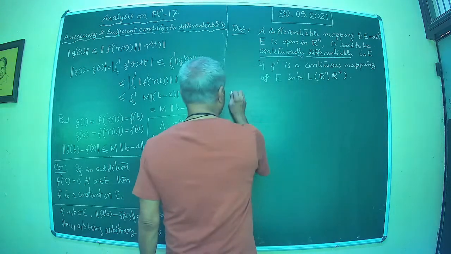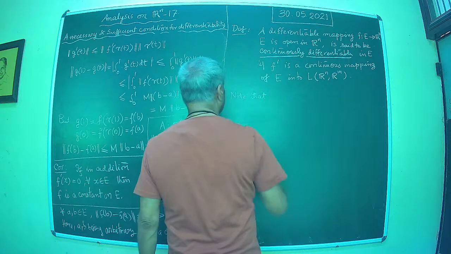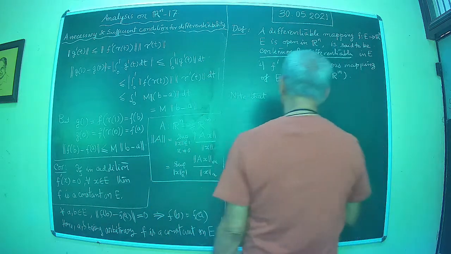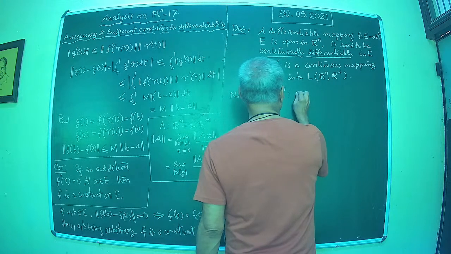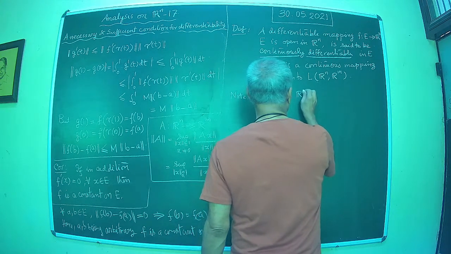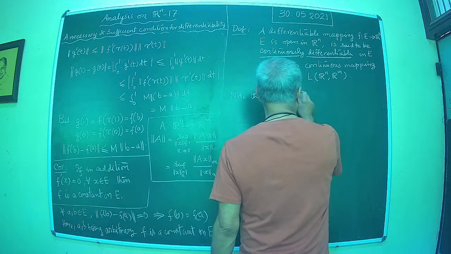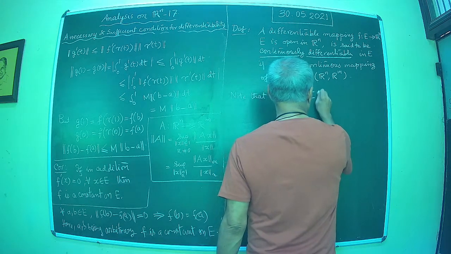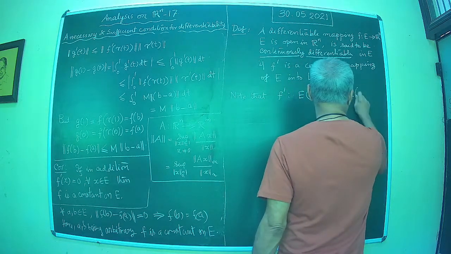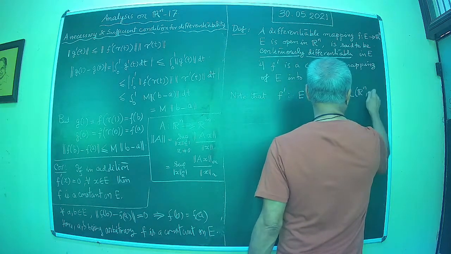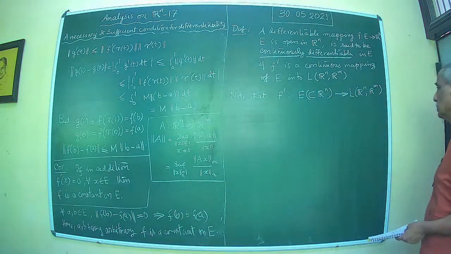Now note that f derivative is a map from E into L(Rn, Rm).